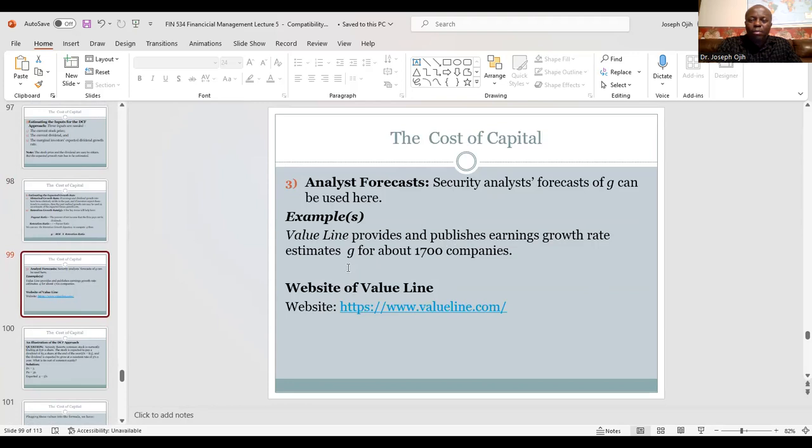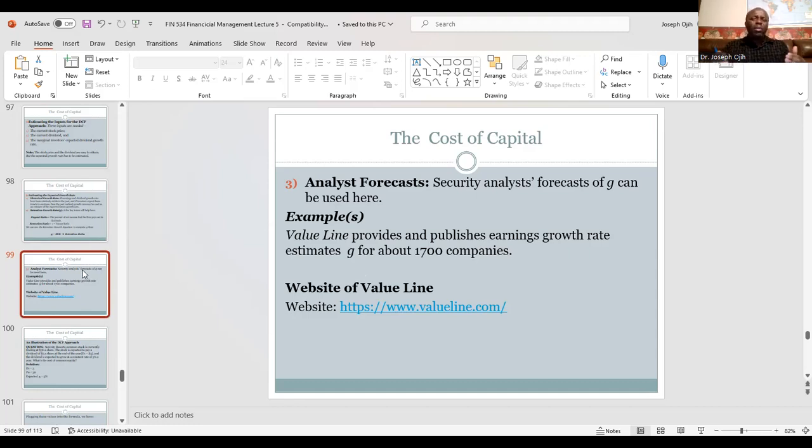Value Line publishes earnings growth rates, estimates of G, which is a dividend growth rate, for about 1,700 companies. So if you subscribe with them, you can get that information as well. Anyway, I think you get the point.